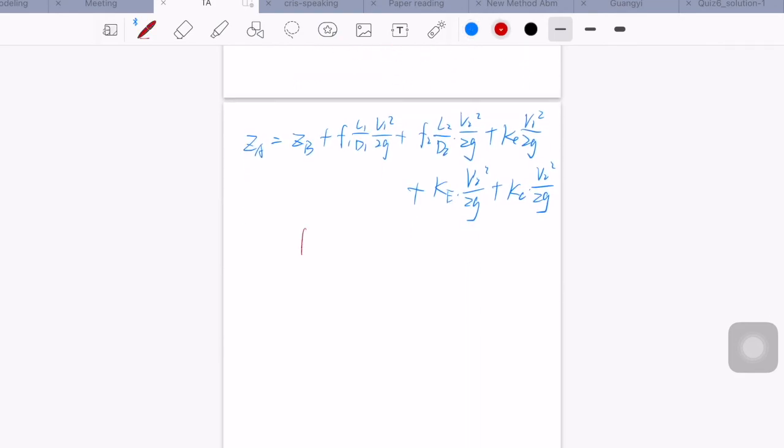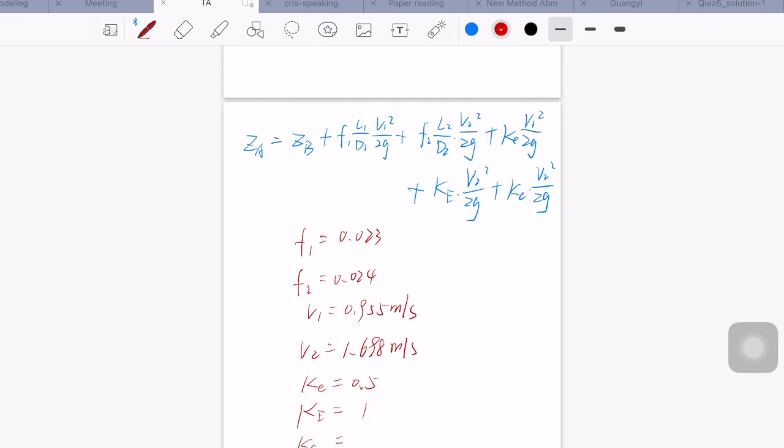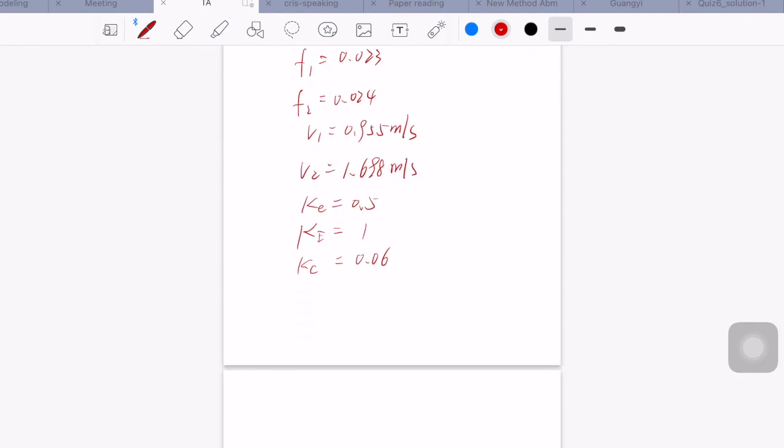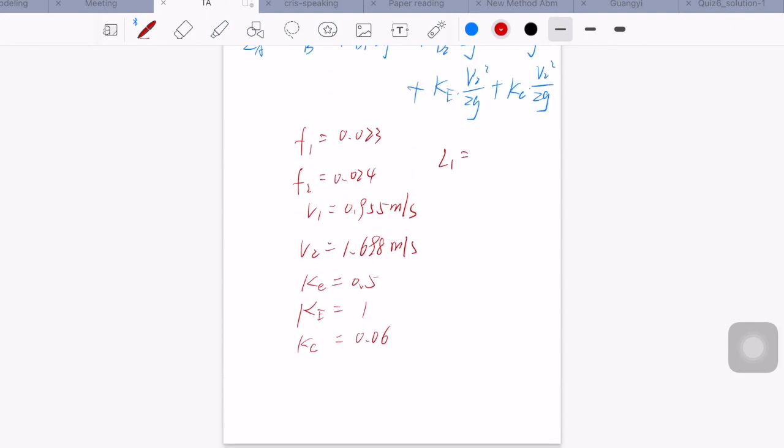And we know F1 is 0.023, F2 is 0.024, V1 is 0.955 meters per second, V2 is 1.698 meters per second, and K lowercase e is 0.5, K uppercase E is 1, KC is 0.06, and L1 is 100 meters, D1 is 0.2 meters, L2 is 150 meters, D2 is 0.15 meters.